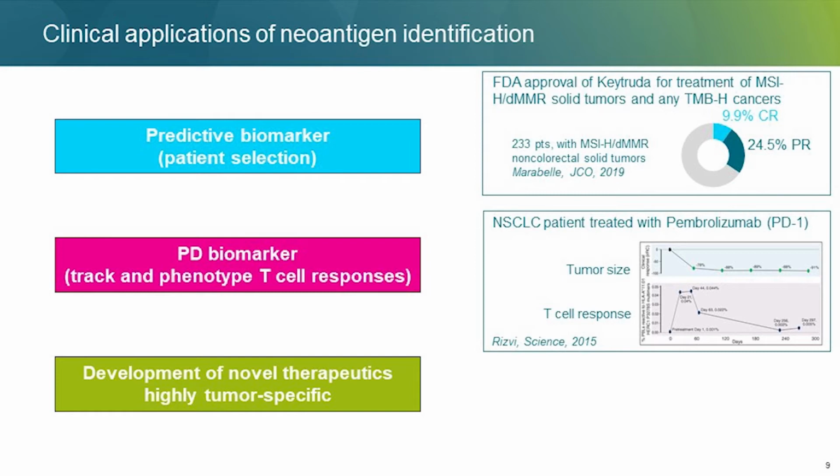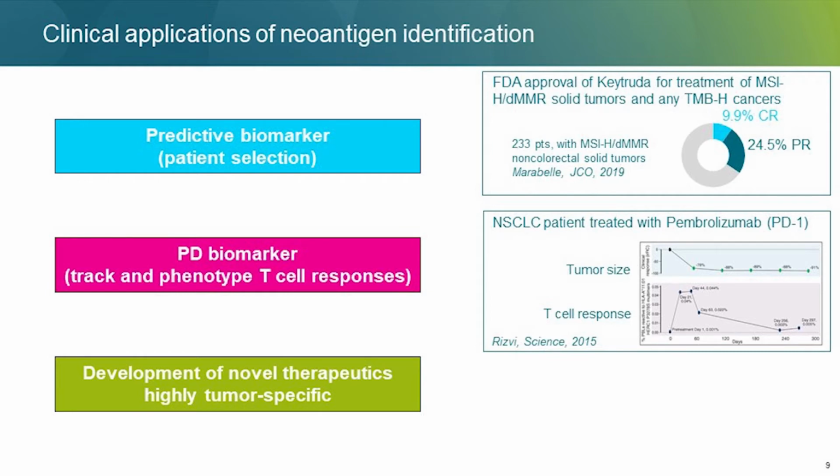So we can track the T-cell response against a tumor. We can phenotype these T cells. We can better understand how immunotherapy is affecting the T cell response. And furthermore, we can identify novel targets for immunotherapy and novel combinations for immunotherapy.